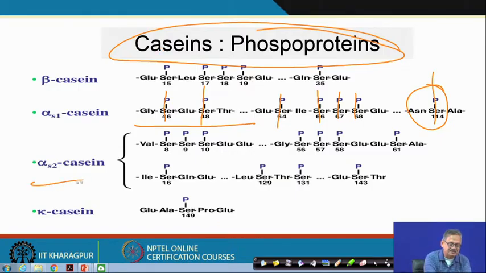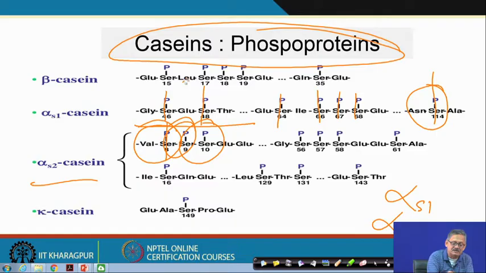Then alpha S2 casein. If you remember, in an earlier class we had said that alpha S1 is more hydrophobic than alpha S2, right. Alpha S2 is much less. Here you see the reason is that here it is from 8th position, 9th position, 10th position, where it was 15, 46 these positions, right.